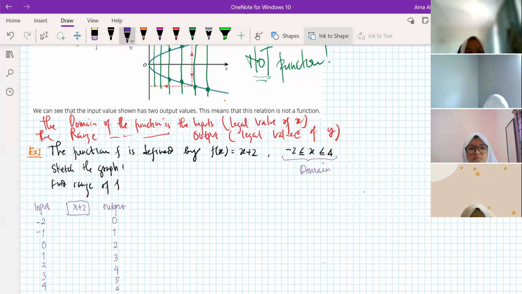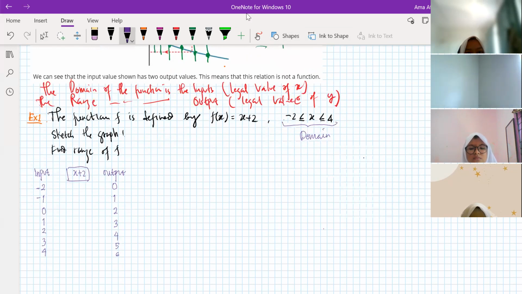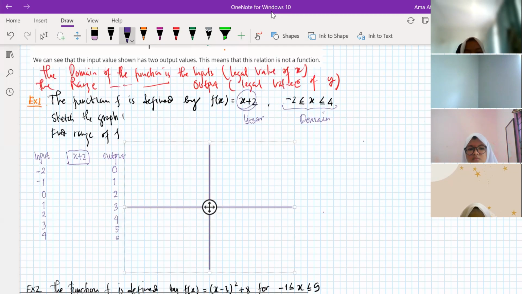So then we just need to create the line, right? How do we know it is a line? Because x plus 2 is linear. The word linear comes from line. So I will draw it like this. It is my x and y axis. For -2, the output is 0, so here.